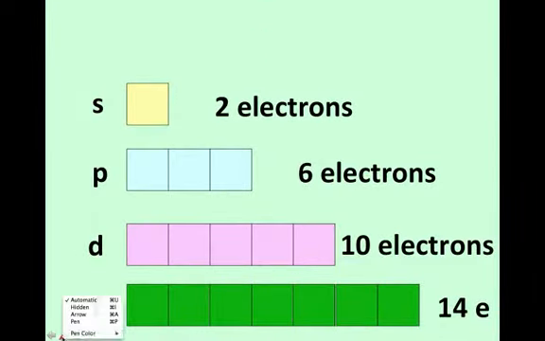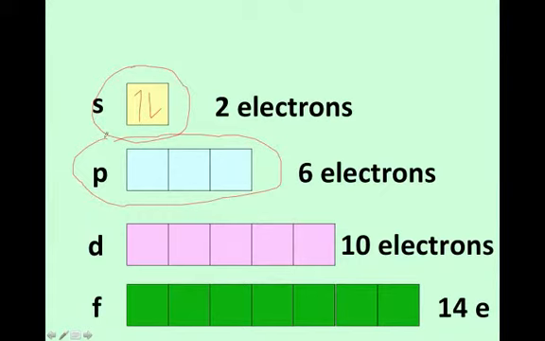From this stage onwards, when we're talking about electron configurations, we represent each orbital with a box. So here is an s orbital, and this s orbital can hold up to 2 electrons, and I'm going to draw them like that for now. I'll come back to why that is later.